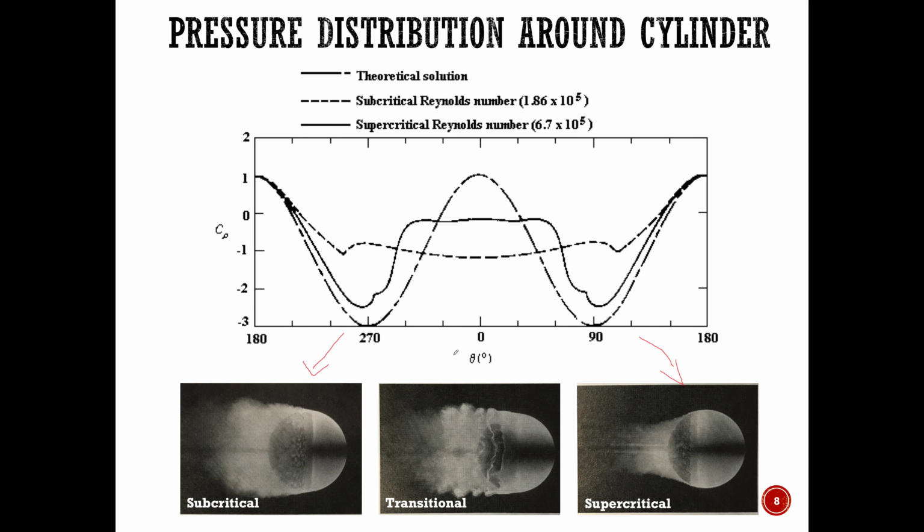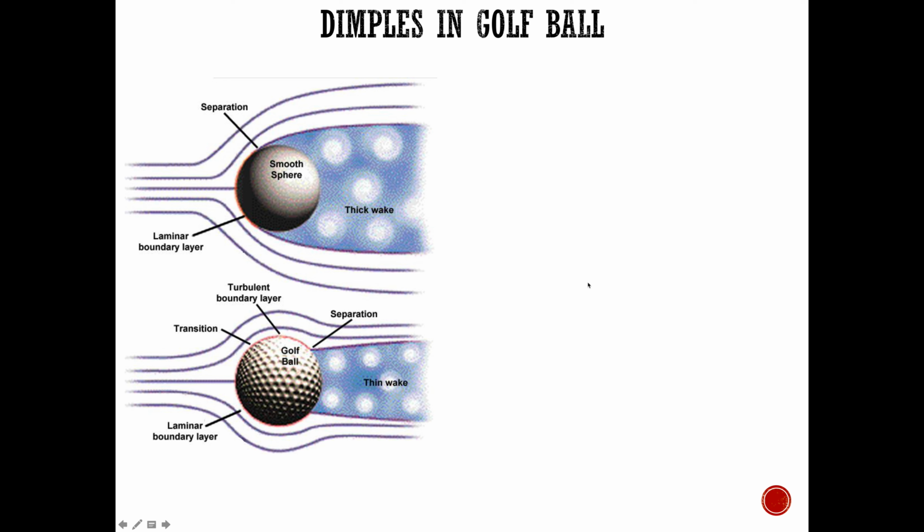Okay. All right. So, you may wonder why there are dimples in golf balls. What really happens here is that, as you can see, for a smooth sphere, the separation happens much earlier, but for a golf ball with dimples, the separation is forced to move much later on the surface.